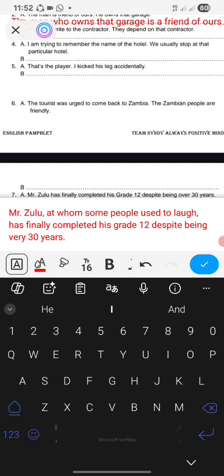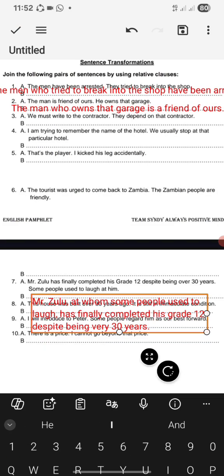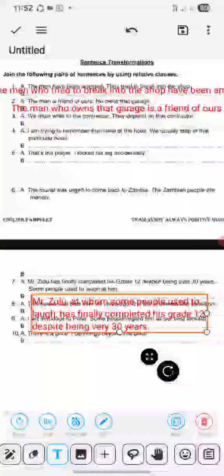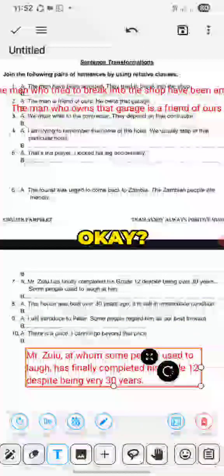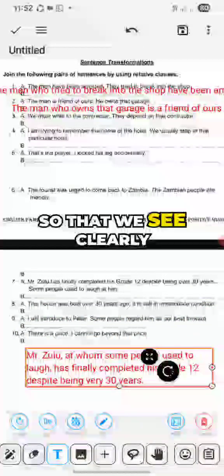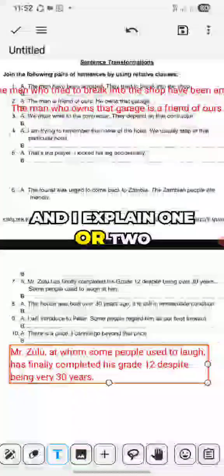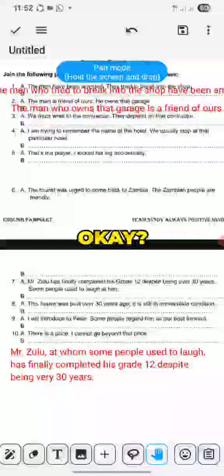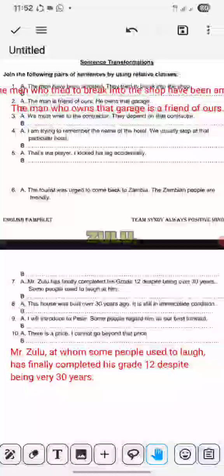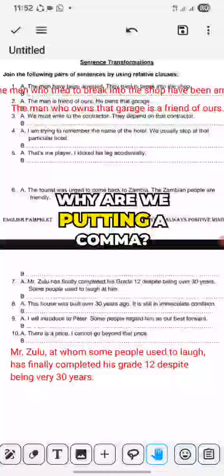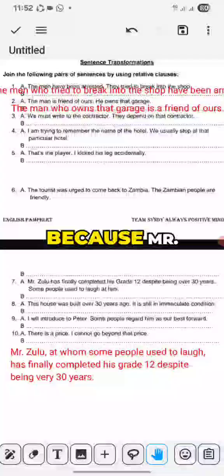Let me bring it down here so that we see clearly what we are talking about, and I explain one or two things. So Mr. Zulu, comma. Why are we putting a comma? Because Mr. Zulu is a specific subject.